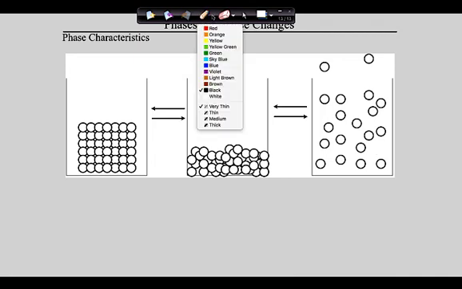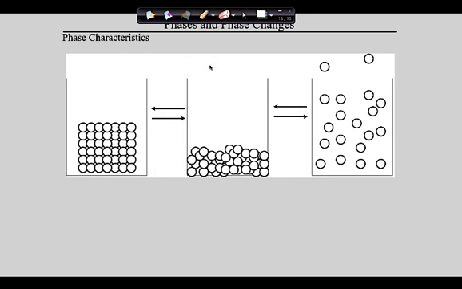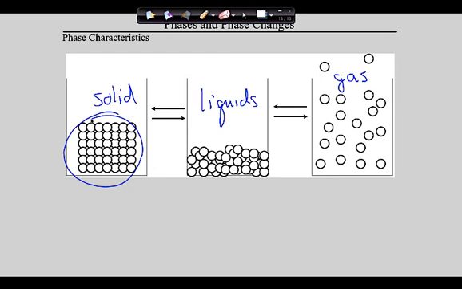So this then brings us to the difference between the phases. If you remember from the diagram in class, we have solids, we have liquids, and we have gases. And you'll notice from the diagrams that the particles inside of a solid are definitely attached to each other. They have intermolecular forces. But in addition to intermolecular forces, they also have a very high degree of structure.